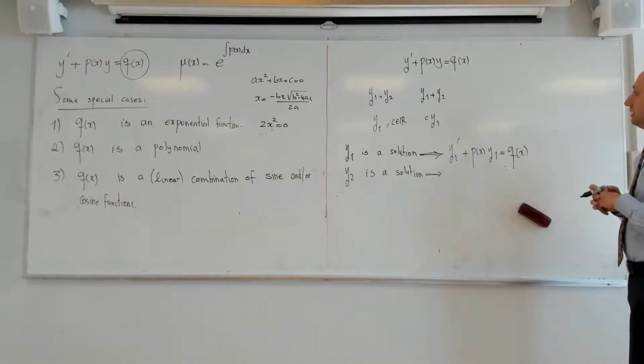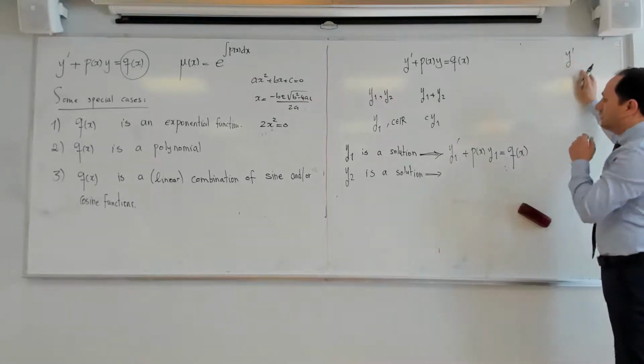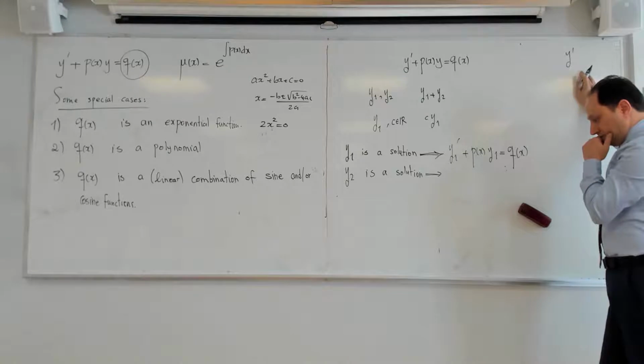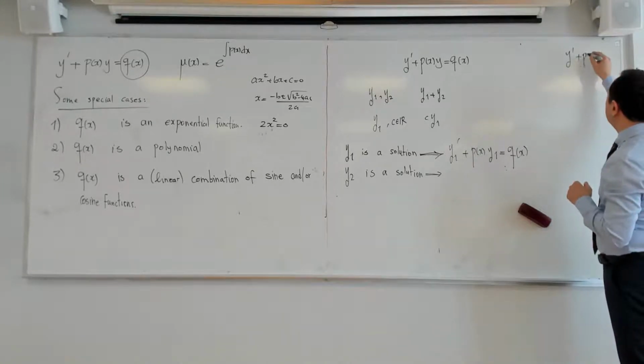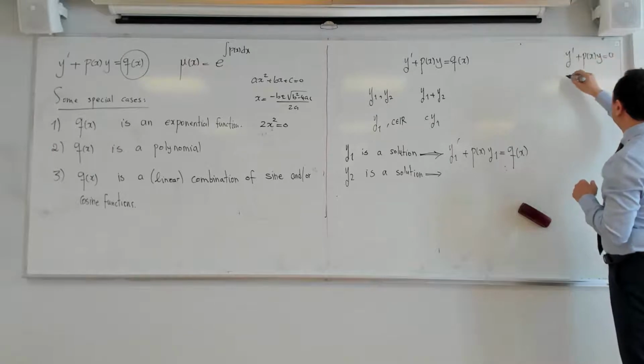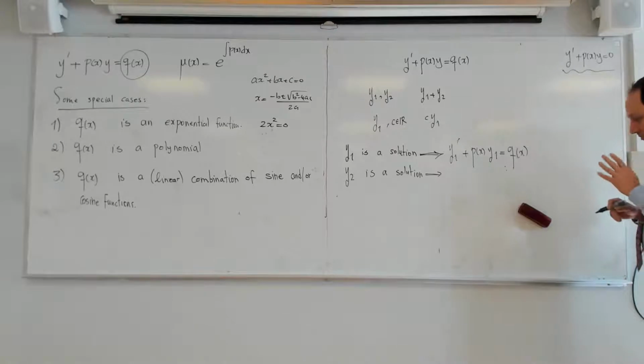So this is not a linear differential equation, but why do we call it linear? It's strange. Yes, it is linear if q of x is equal to 0, sorry. This one is linear, not that one. Okay, so I completely messed up.